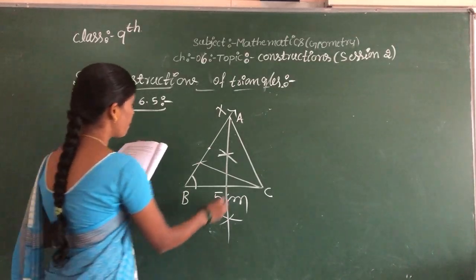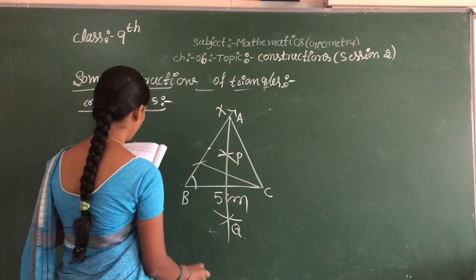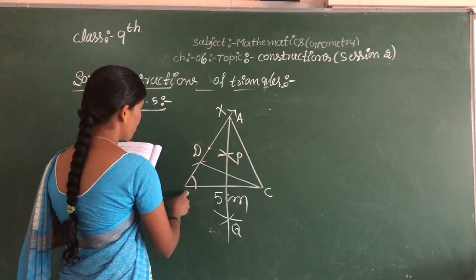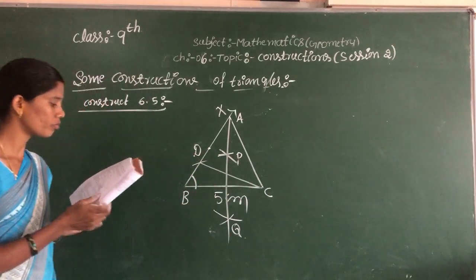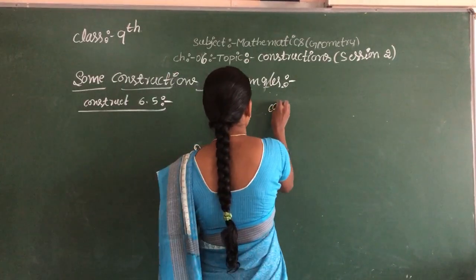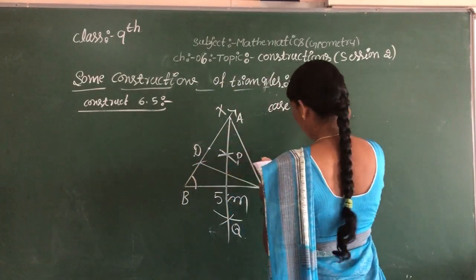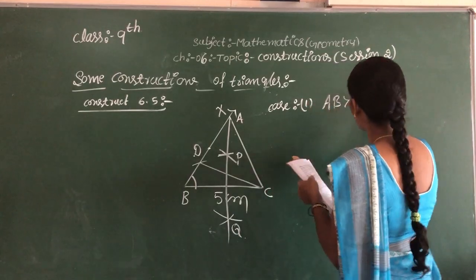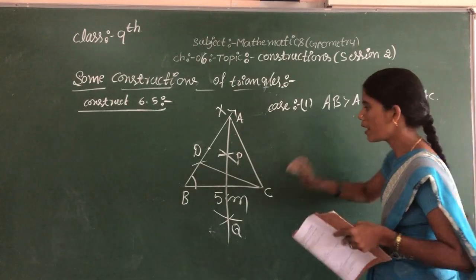So this is T. This is Q. AB greater than AC, that is AB minus AC. Where is that AB?